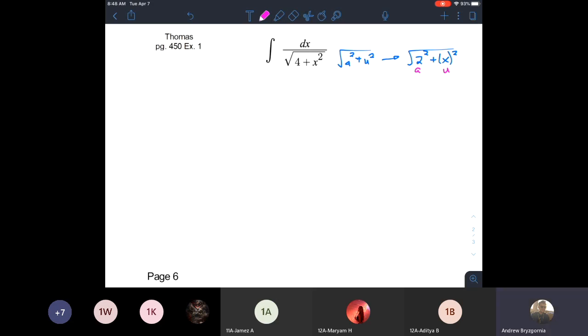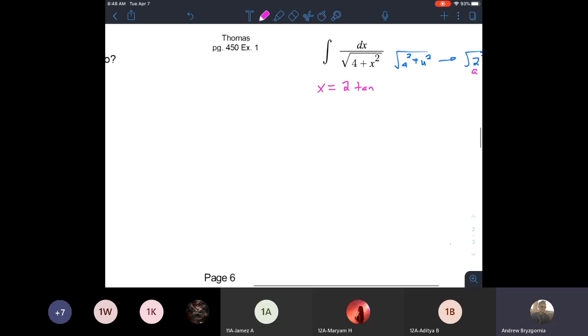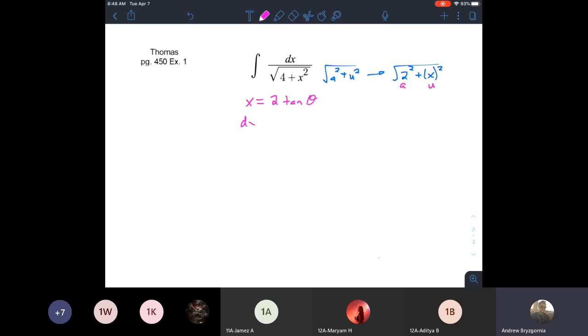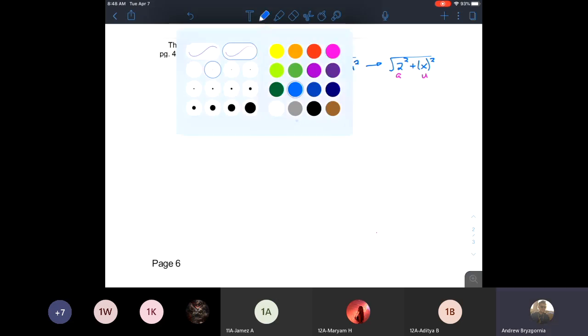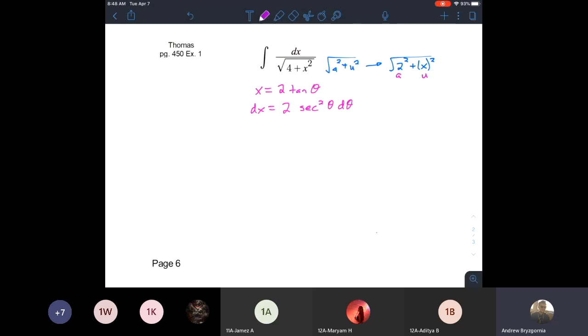So based off of the equation I just showed you, we're going to have x equals a tangent of theta, which is 2 tan theta. Sorry. So then the derivative becomes 2 secant squared theta d theta.